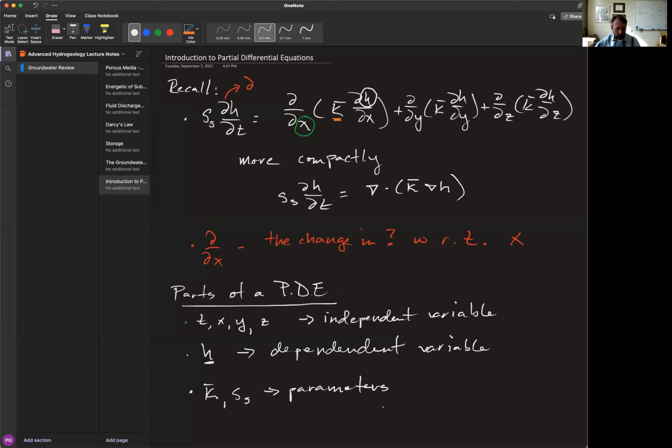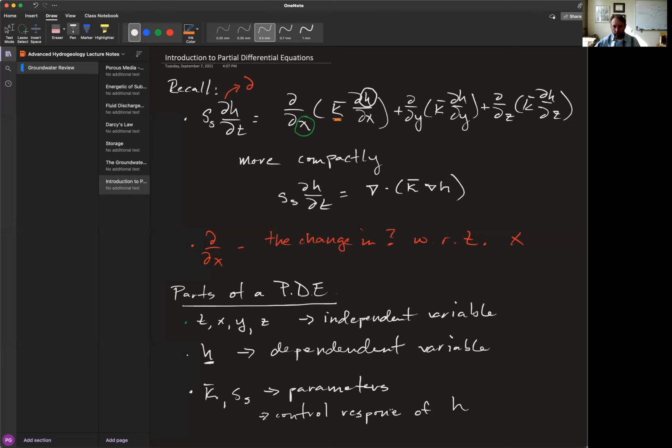And they are values that control the response of the head field.